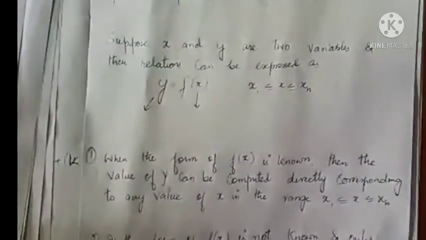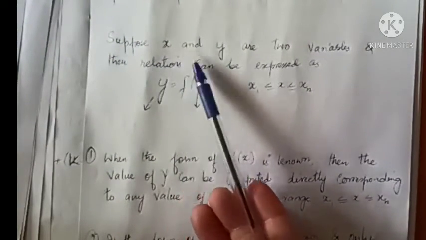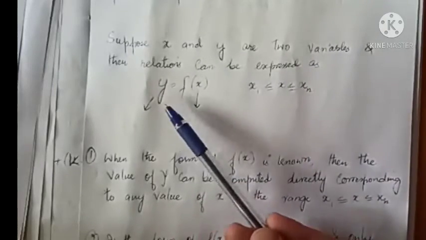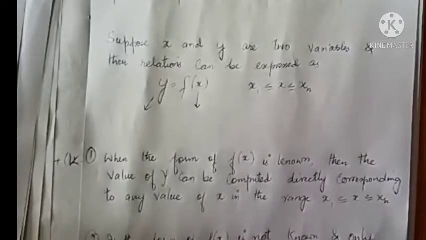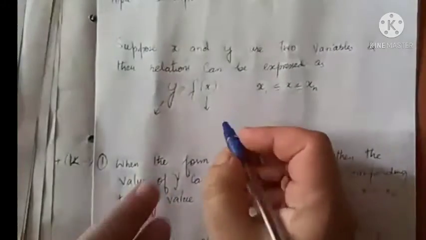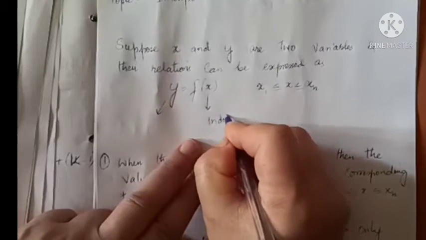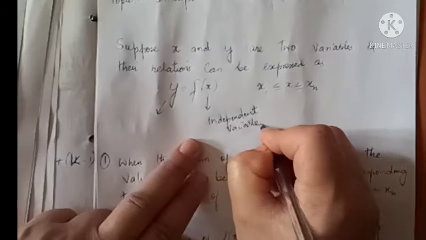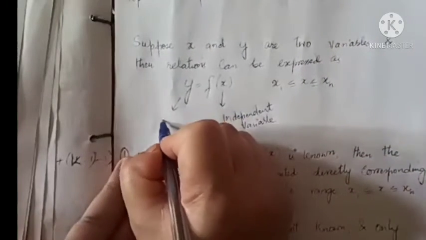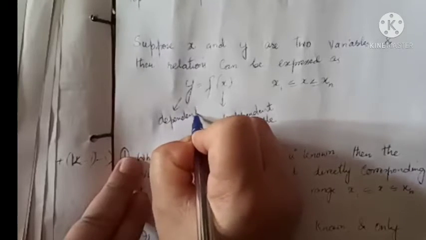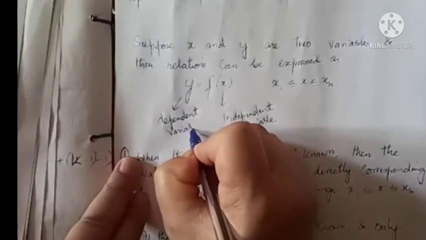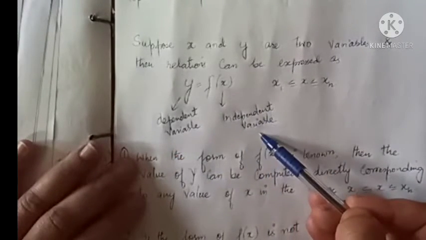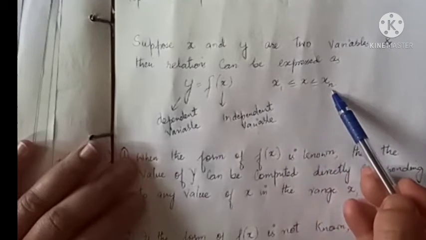See, suppose we have two variables x and y, and their relationship can be expressed as y is equal to f of x, where x is called an independent variable and y is a dependent variable, and the values of this independent variable lie in the range of x1 up to xn.